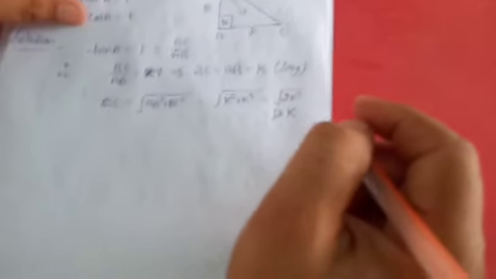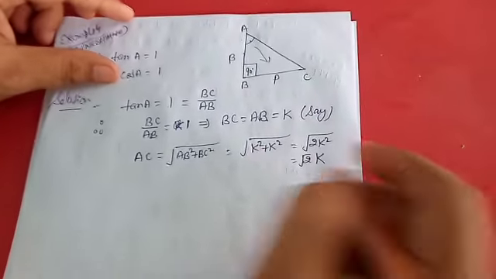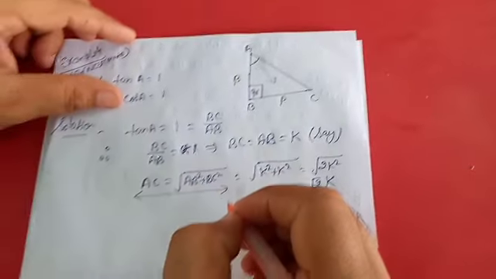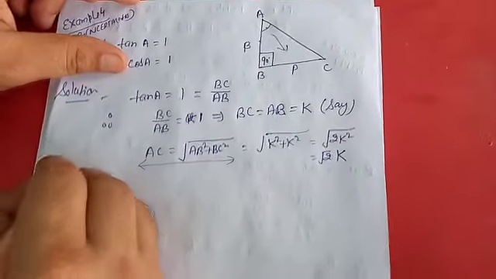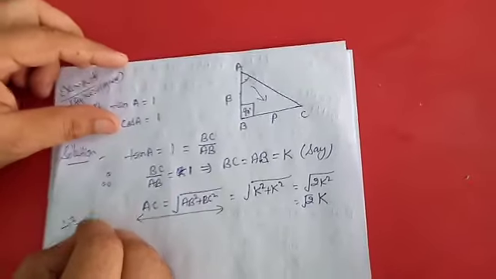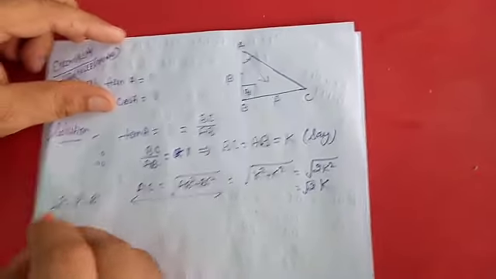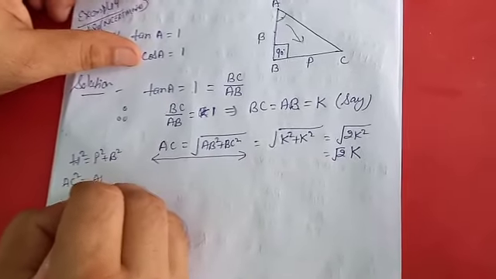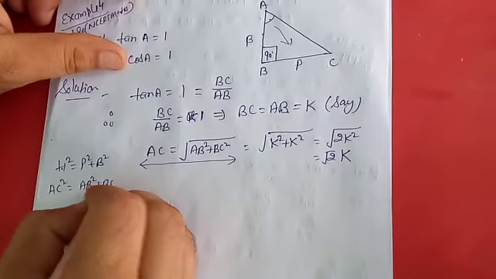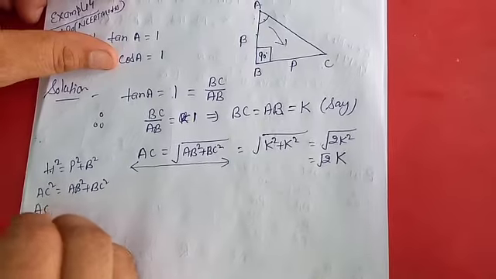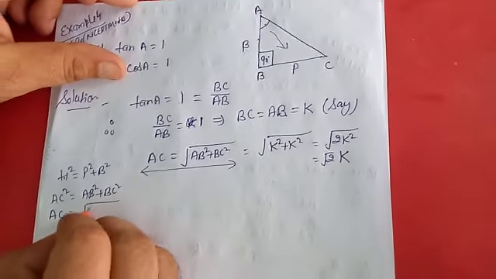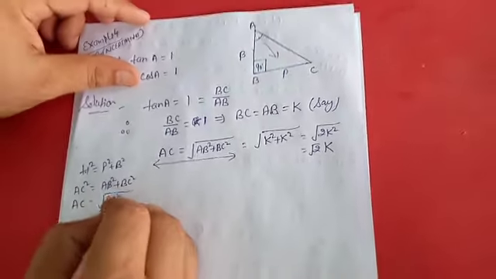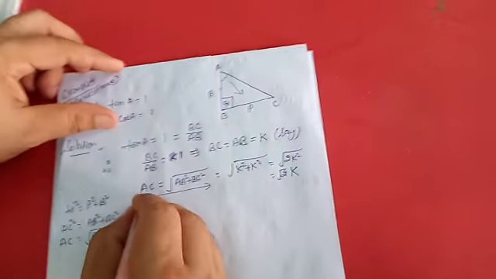Or you can say K root 2, both are right. This from where coming? By using Pythagoras theorem. Hypotenuse square is equal to perpendicular square plus base square. What's your hypotenuse? AC square is equal to AB square plus BC square. So AC is under the root AB square plus BC square, written here.